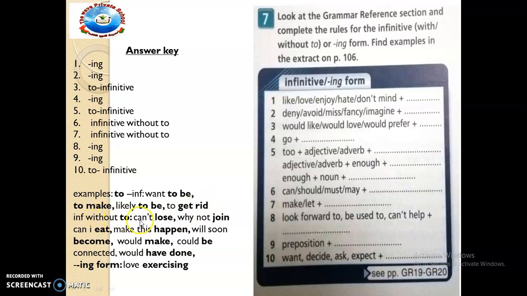The infinitive without to: can't lose, why not join, can I eat, make this happen, will soon become. The ing form: love exercising. So these are the to infinitive, the infinitive without to, and the ing form. Did you get that right? So you can pause this video and go to the grammar reference section. There you'll get more about this.